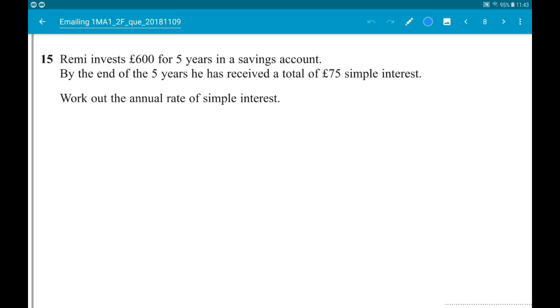So, £75 divided by 5 is 15. So, he has made, as a percentage, £15 out of £600 multiplied by 100.